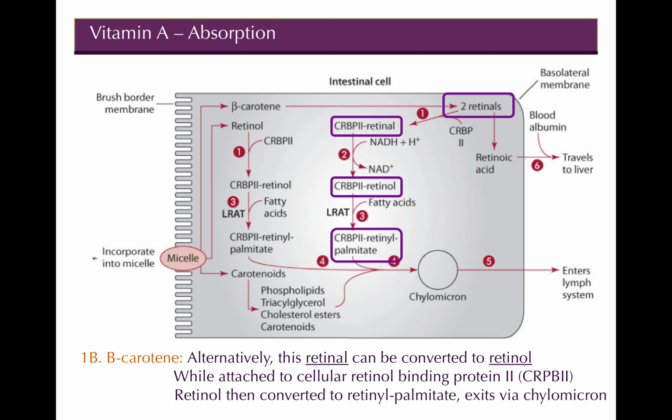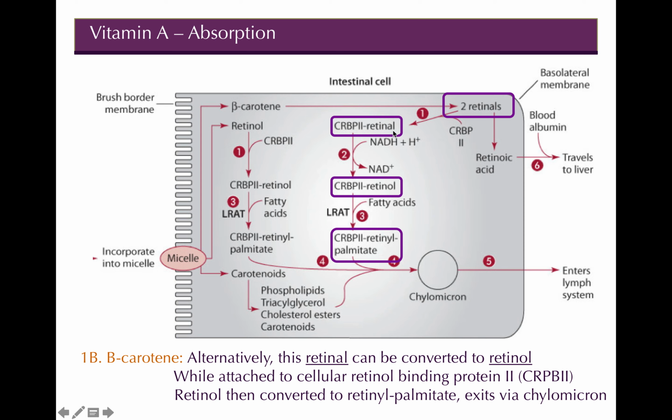Alternatively, the other pathway that beta carotene can follow is that after it's snapped into the 2 retinals, it can be converted to retinol. And it does this while it's attached to CRBP2, which is cellular retinol binding protein 2.